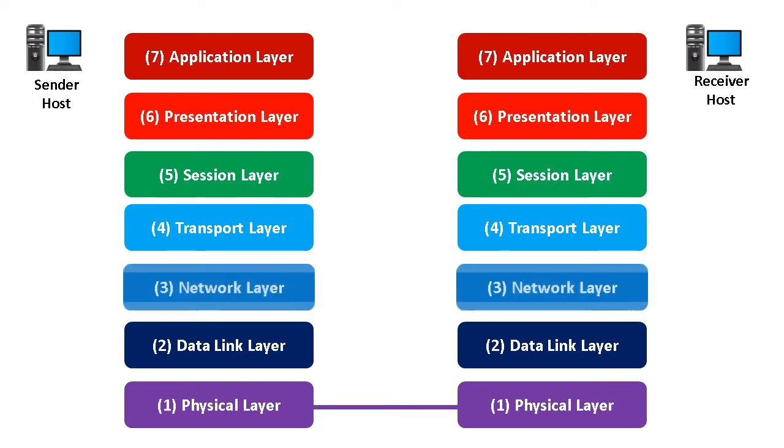Network layer. This is layer 3. The network layer lies just above the data link layer and it works for the transmission of data from one host to another host located in a different network along with taking care of packet routing.